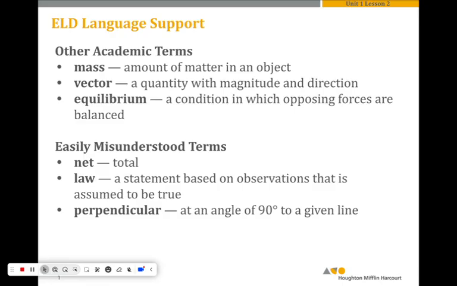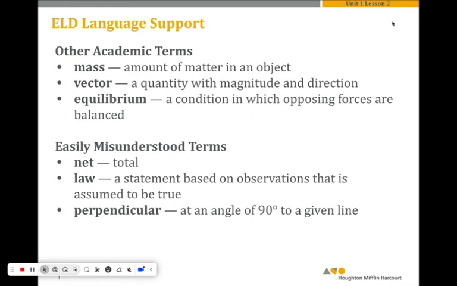These words may come up today. We're talking about the mass, the amount of matter. Vectors are quantities with magnitude and direction. We can represent those as arrows in diagrams. Equilibrium is a condition in which opposing forces are balanced.